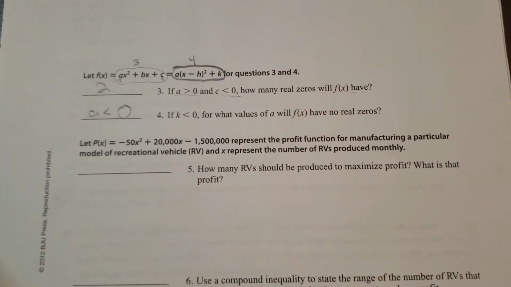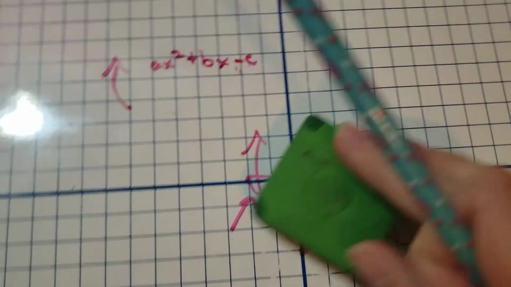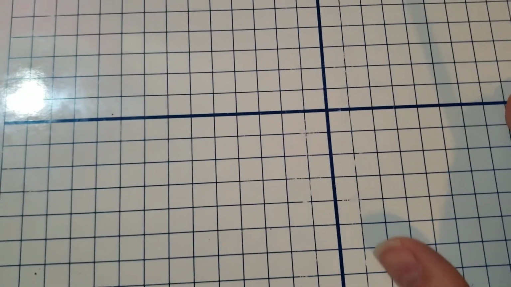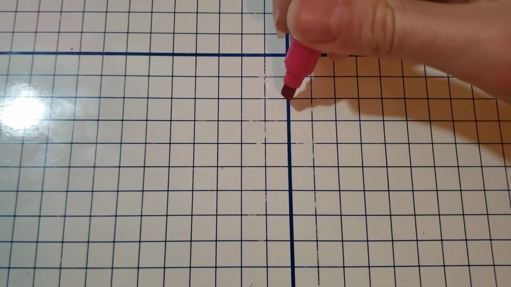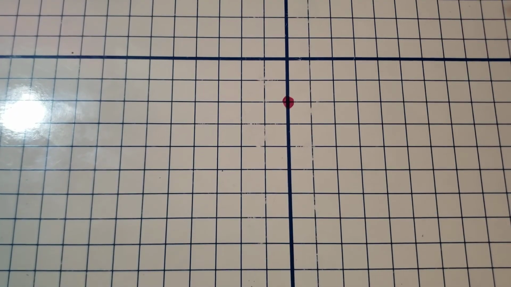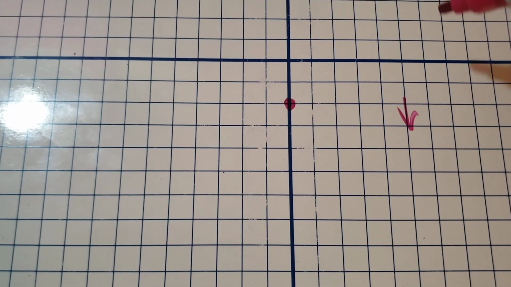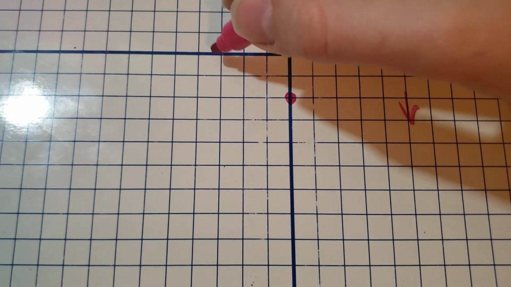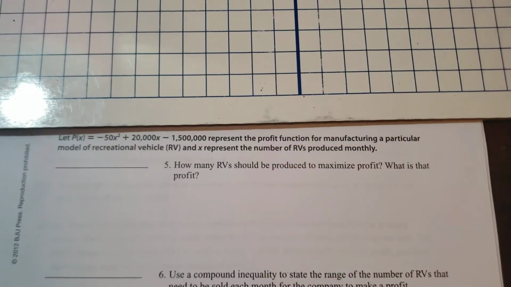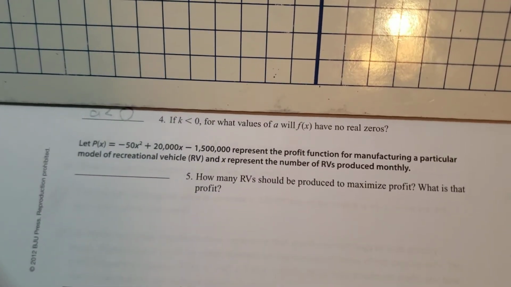What it's saying is that in this case, our K is negative, and we need to have a downward facing parabola, because we want, like it says, no real zeros.